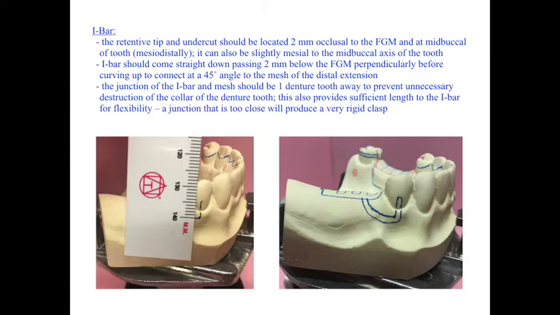And when you do an I-bar drawing, remember you should have 2 to 3 millimeters below the free gingival margins. You see I measure from here. I put 3, but ideally it's 2 to 3. And when you do an I-bar, just remember this stop will be between 2 teeth.